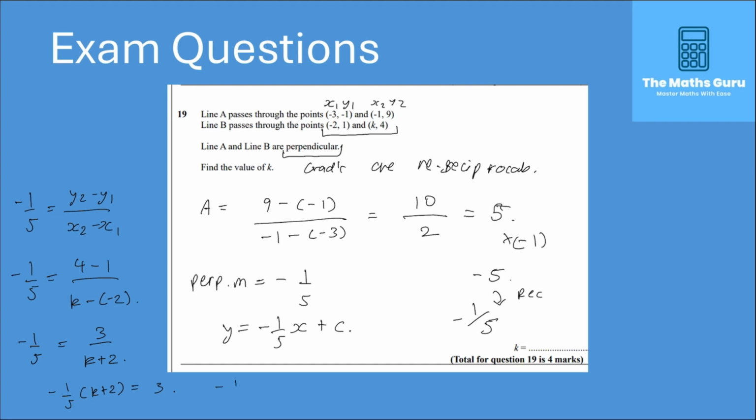So we're going to get minus (k plus 2) is equal to 15. Then to get rid of our minus sign, we're going to times through by minus 1 to get k plus 2 is equal to negative 15. Then to get k on its own, we're going to minus 2 from both sides to get k is equal to minus 17. And that is our final answer.